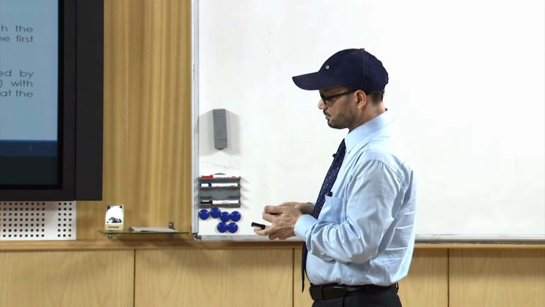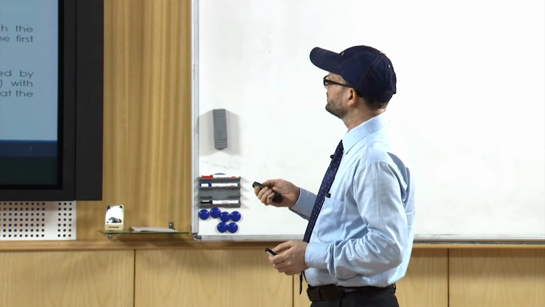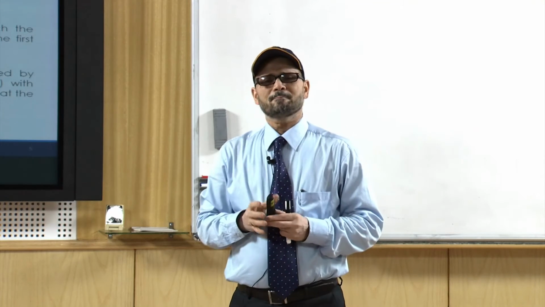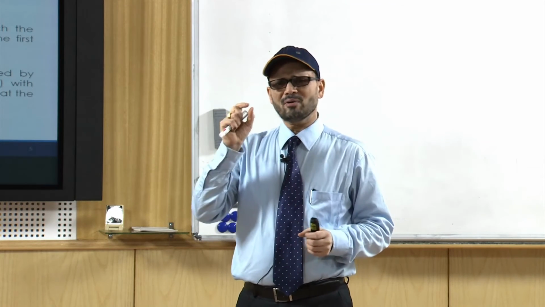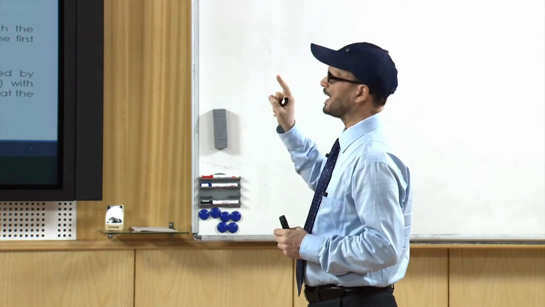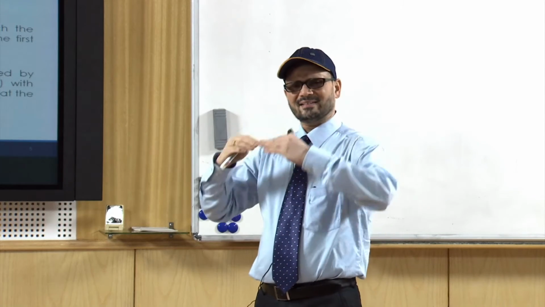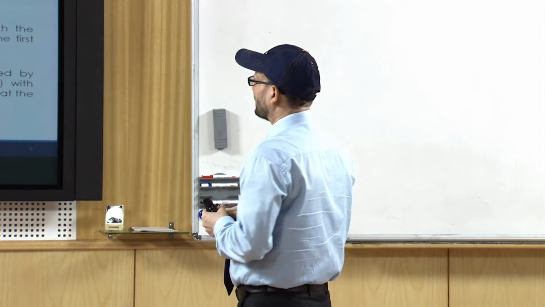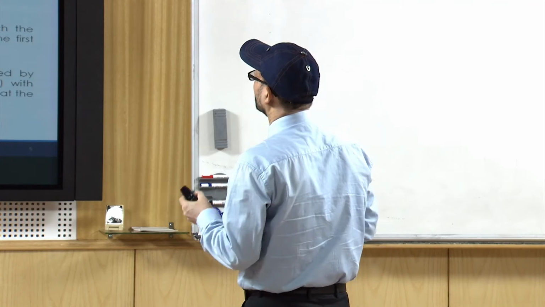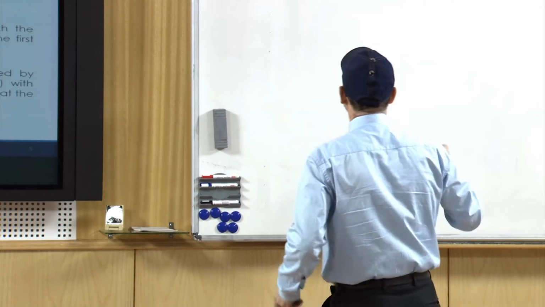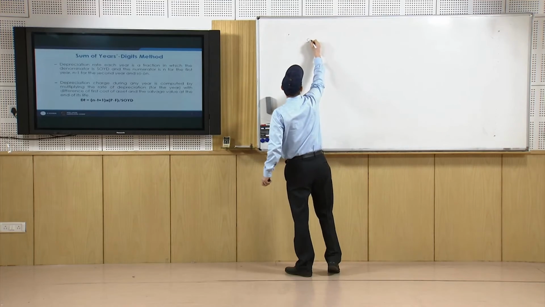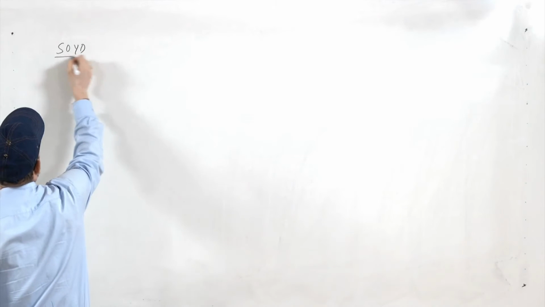In this case, sum of years digits means the sum of the number of years from 1 to that year is calculated, and that comes in the denominator. As you see, it is a fraction in which the denominator is SOYD. SOYD is the sum of years digits.